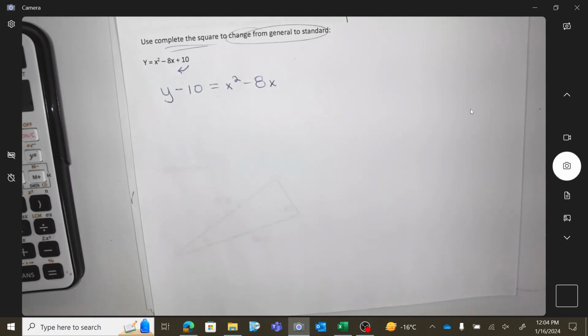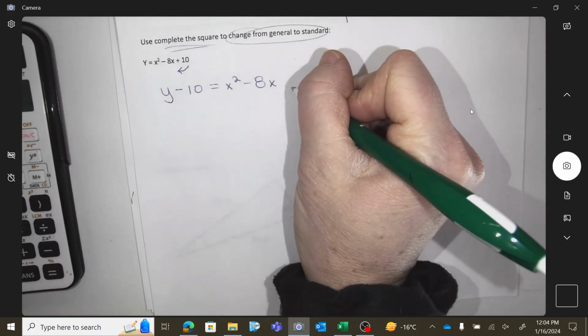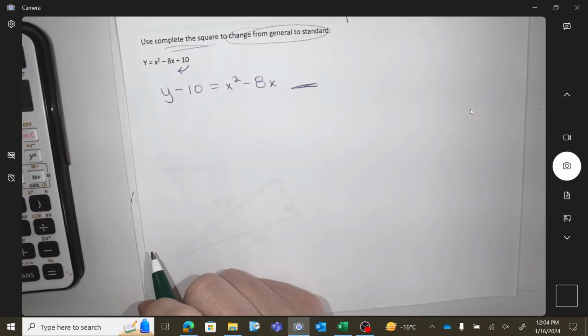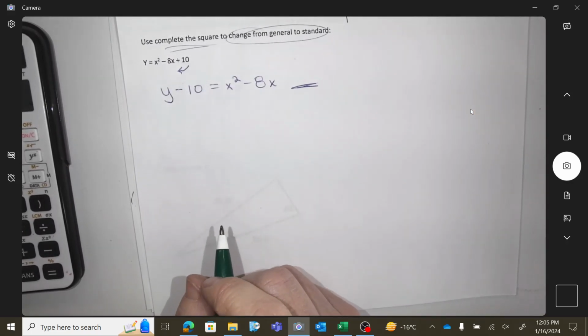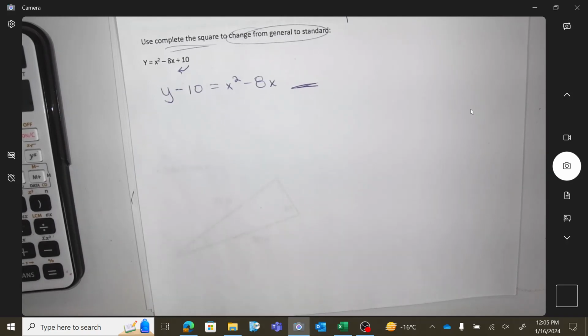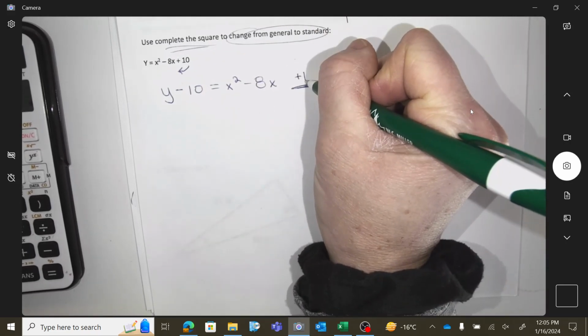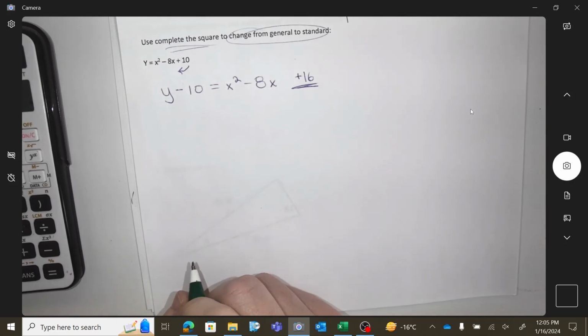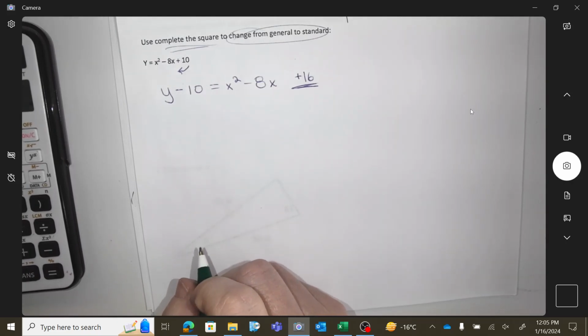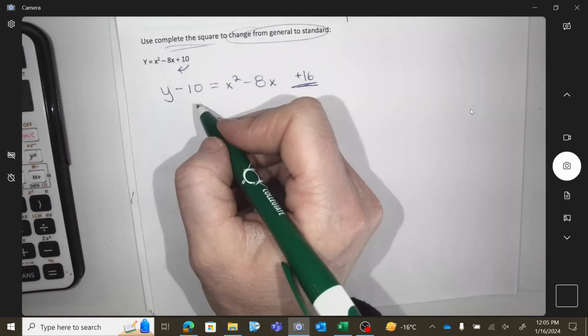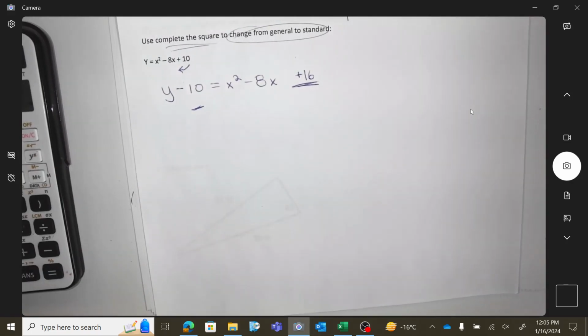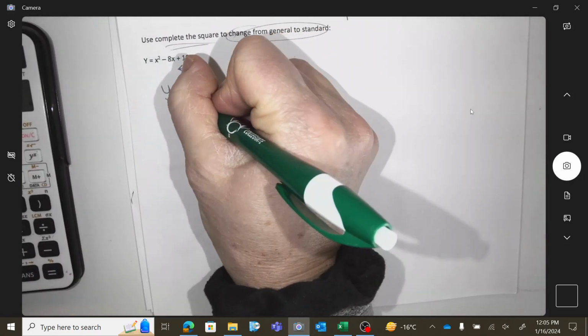Step 2, pick what you want to end it with. So you're doing a half squared, half squared, half squared. Step 3, you upset this teeter-totter, so you have to balance it back out.